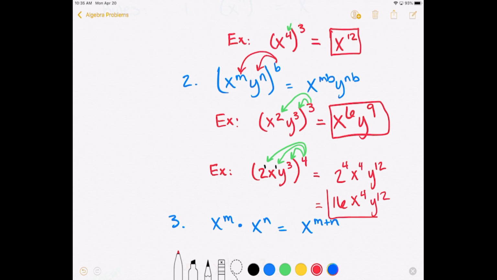Now, if we had more class time, which we don't, we would also be doing this around the time that I would teach you about things called monomials and binomials and trinomials.